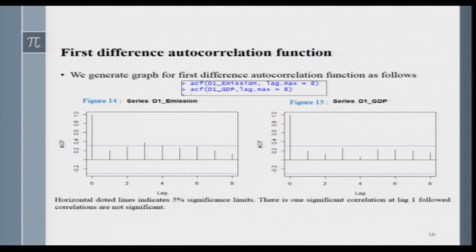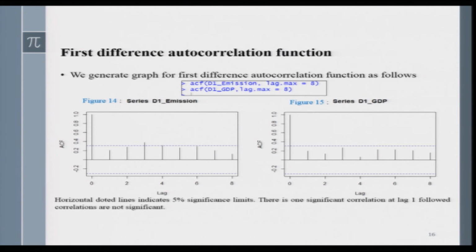So, here you see that there is only one large spike at 0, and after that at lag 3 there is a significant spike, but it is not that high, and that is basically for the case of the emissions variable.